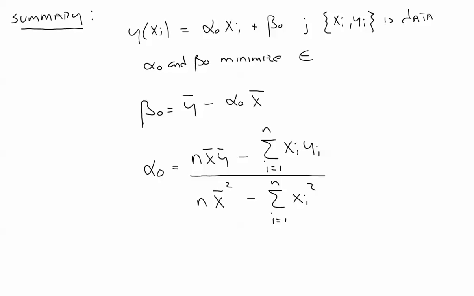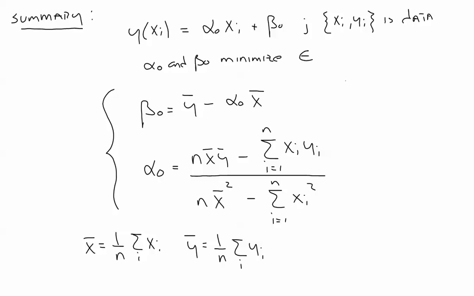And in all cases, x bar equals 1 over n times the summation of x_i data points, and y bar equals 1 over n times the summation of y data points. So those two are my relationships for optimum alpha and beta.